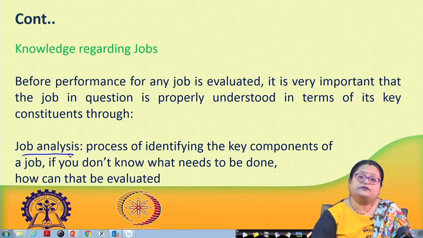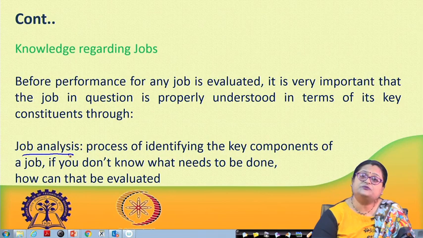Because when you talk of job analysis, the first step is to get this connection of how this job needs to be defined properly. What will be the description of the job, so that it is going to connect with the objectives of the department and the objectives of the organization.